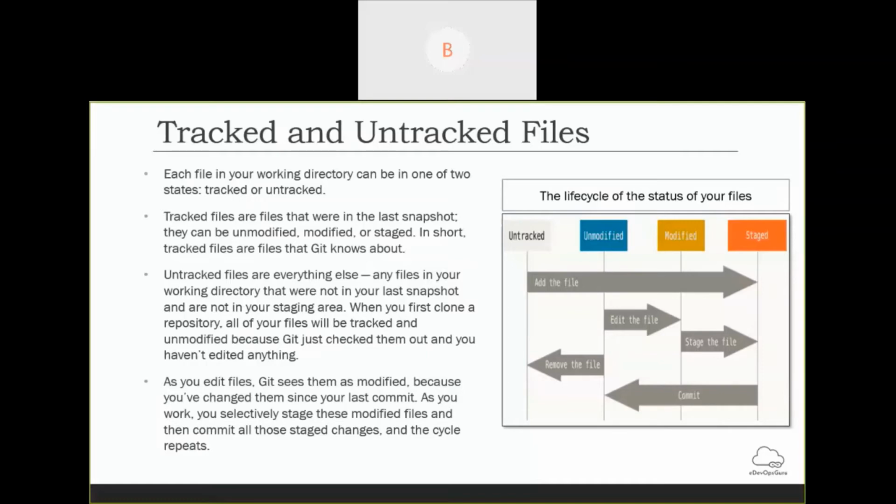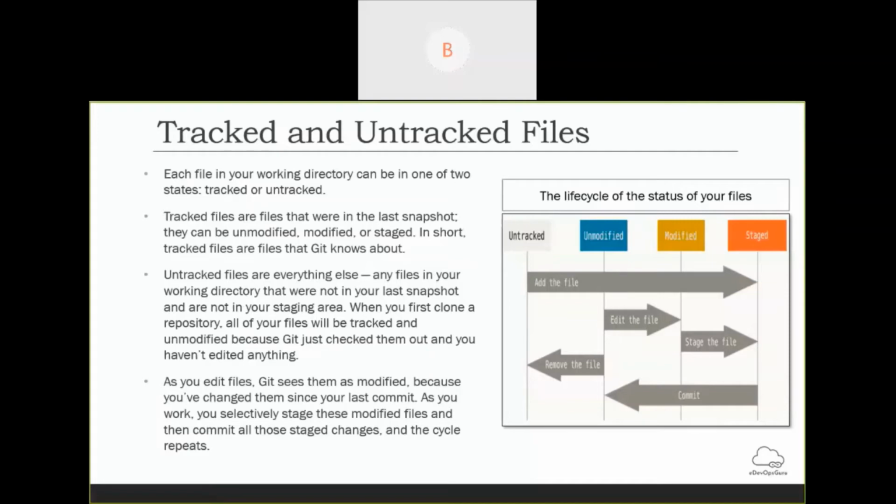Any file you change or modify is not tracked by Git unless you have added it to the staging area. So to let Git know that these are the files I need to add into the repository, we need to add them to the staging area.